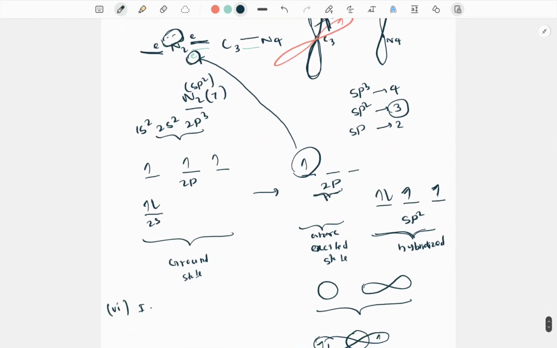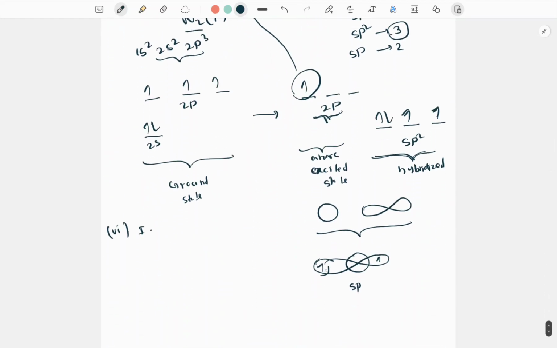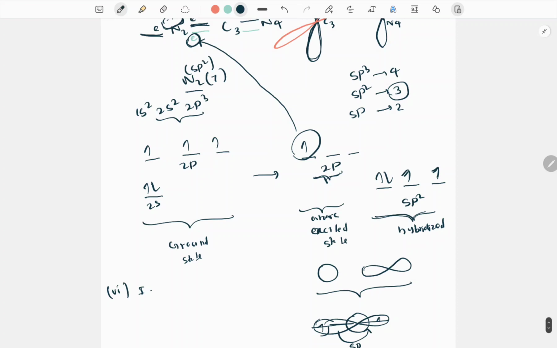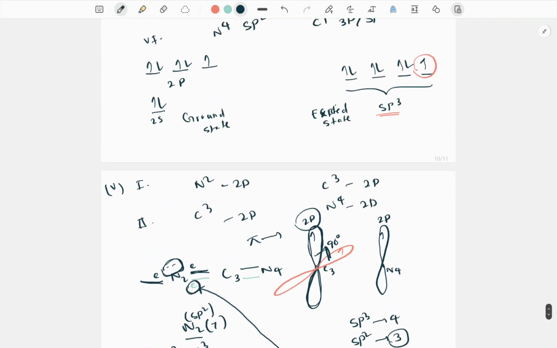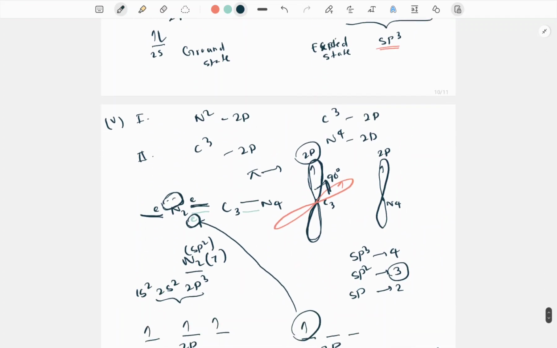These sigma bonds are linear to each other, while pi bonds are perpendicular to each other, right? And that will be the answer with regard to sigma bonds and pi bonds. With regard to double bonds, they will be perpendicular to each other.